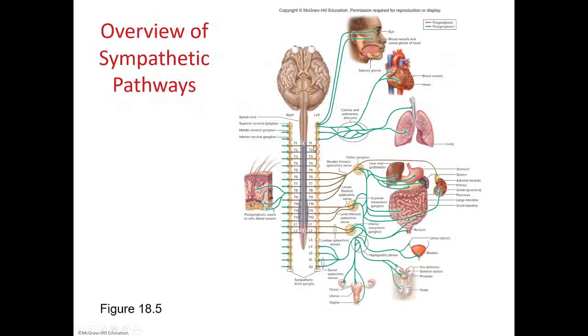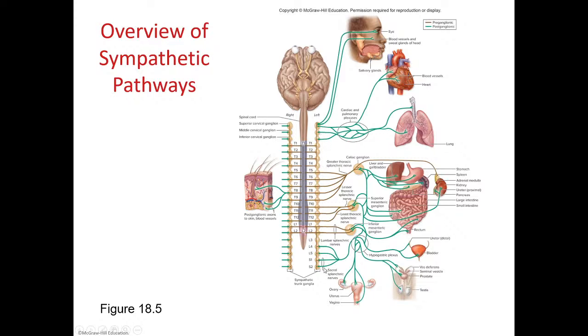So to explain that, we go back to this picture, okay, and so you can see that each level of the spinal cord, here we have T1, has its own ganglion, and then while there is no nerve exiting at the level of C8, at least not in regards to the sympathetic nervous system, there are still ganglia at these levels as we go up, but T1, T2, T3 have their own ganglia. All right, so these are the paravertebral ganglia, which make up the sympathetic trunk.